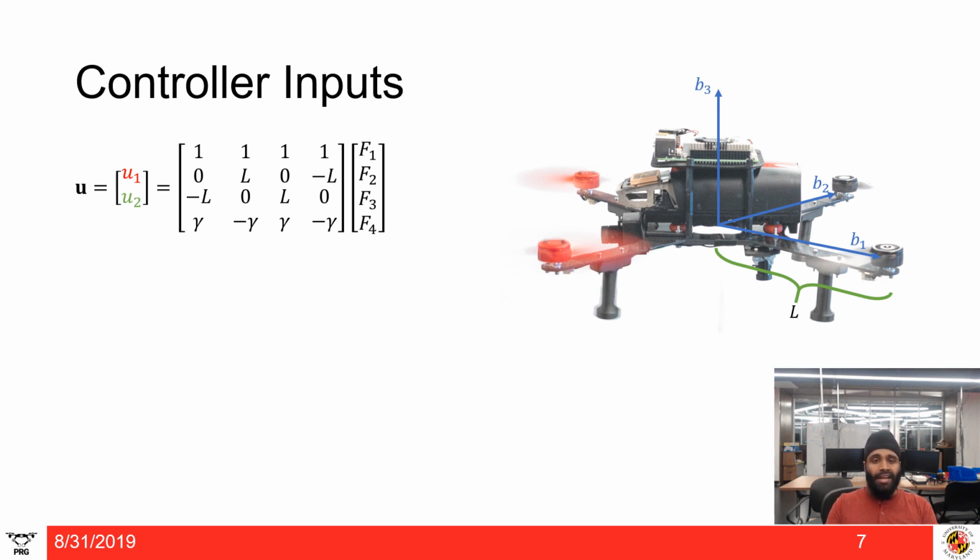So you can divide your controller or your input into two parts. One basically will be changing your net thrust, the other one will be changing your movement in each x, y, and z direction. It is very important to note that every control input you see here is in the body frame. This concludes the class for quadrotor dynamics.